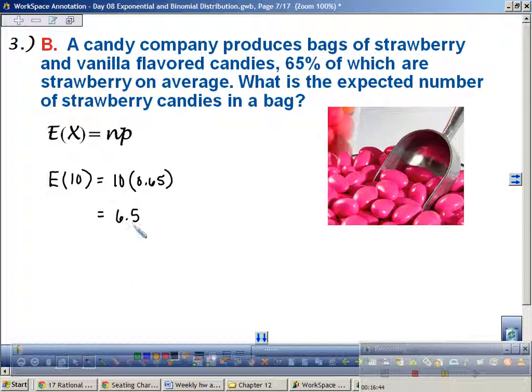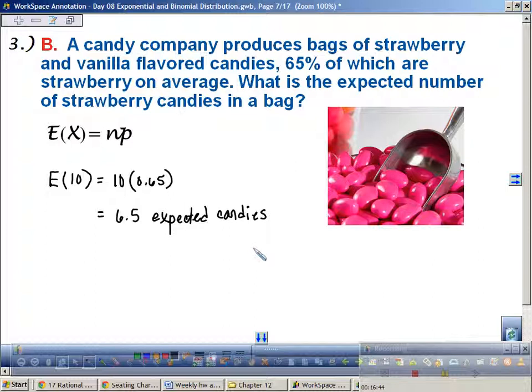No, it's terrible. So there's 6.5 expected candies. I know what you're saying, I get it. But we're talking probability and expected values. If you're trying to be accurate, you would say you would expect to see 6.5. That's it?